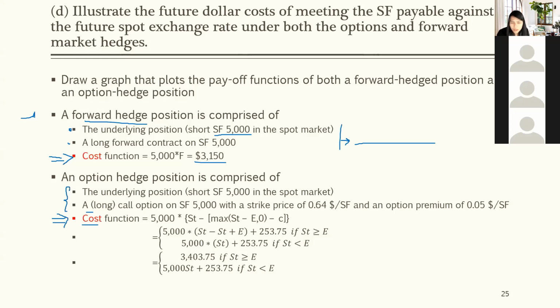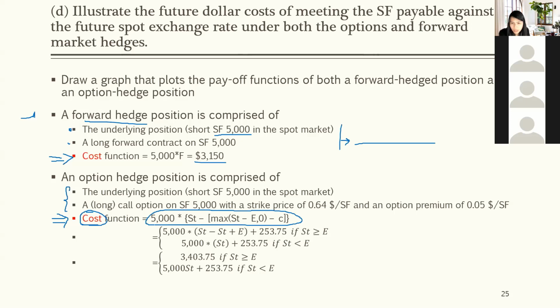Just be careful here because I'm looking at costs, right? I'm not looking at cash flows or payoff. So anytime when I have to pay, I'm going to write S_D for costs. And anytime when I receive a cash flow, I'm going to have a minus sign. Okay, so that's a little bit reverse. So this is the cost function of the combined option hedge position.